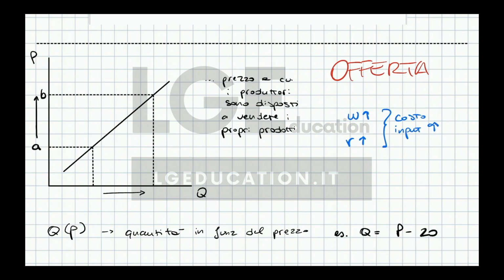Because in this case, when the cost of the input increases, the quantity offered decreases, and in fact, at the same price, for example price B, we will have a lower supply on the market compared to before. This change in supply is a direct result of the increased cost of inputs, which leads to a reduction in the quantity of goods available at a given price.